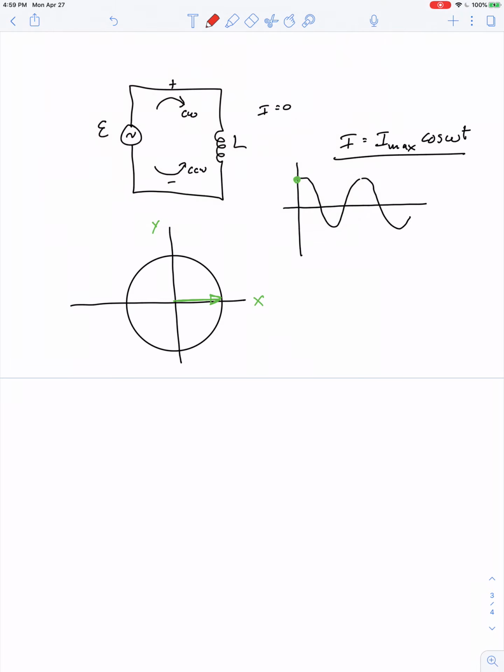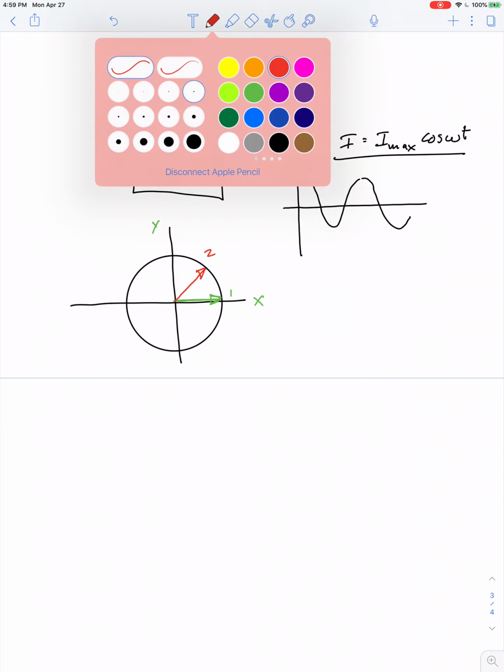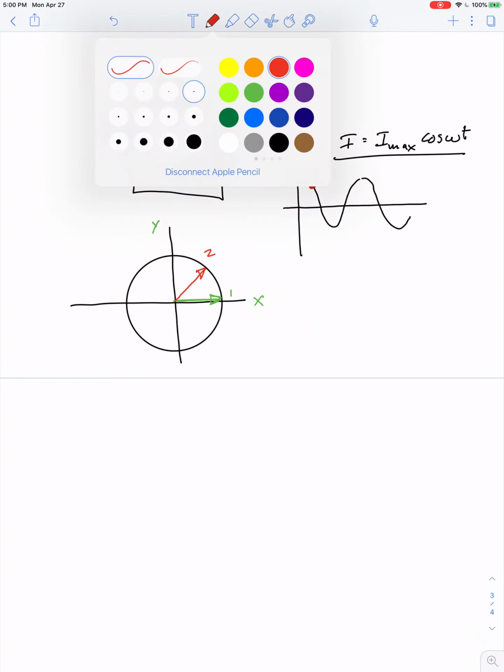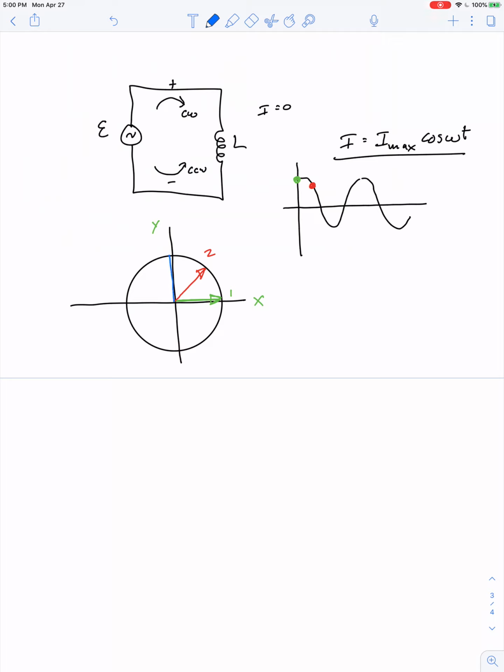At some moment in time later, the current phasor has rotated to position number 2, and that gives us this data point. Eventually, our current phasor has moved to position number 3, which gives us this data point, and so on.